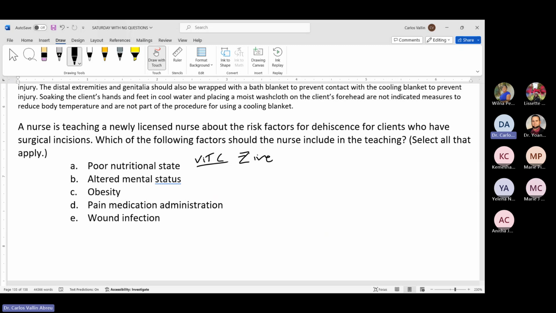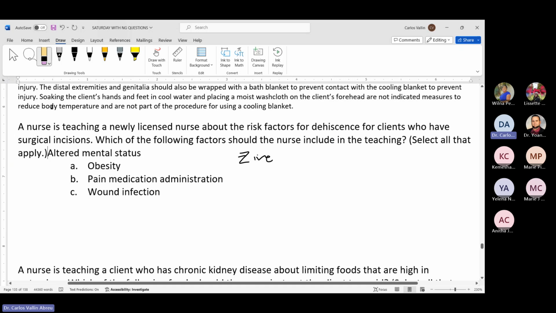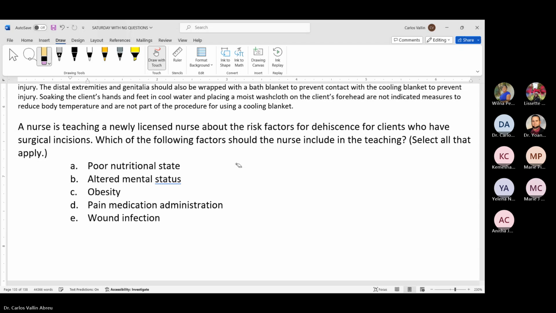Summarizing, protein, vitamin C, ascorbic acid, and zinc are the three elements of nutrition that are important for the nutrition of those clients. So we select this.